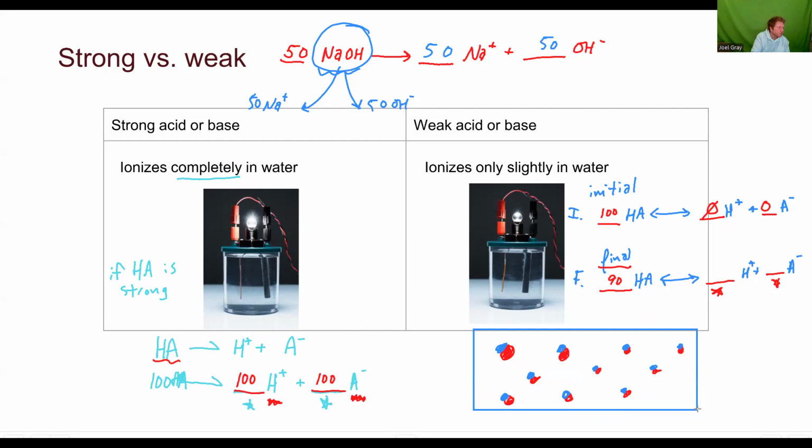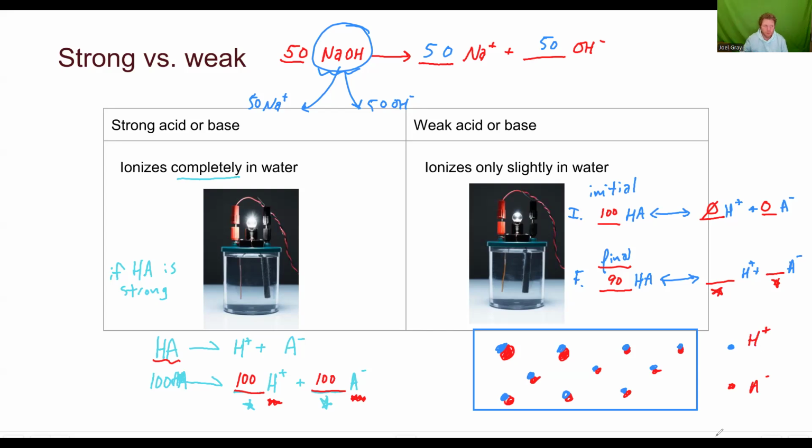But then what we've also got is one free and one of these free. So this would be my A minus, this would be my H plus.